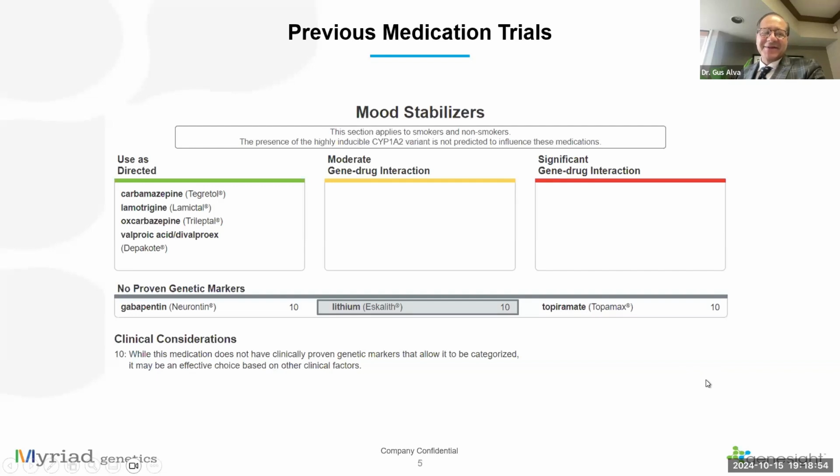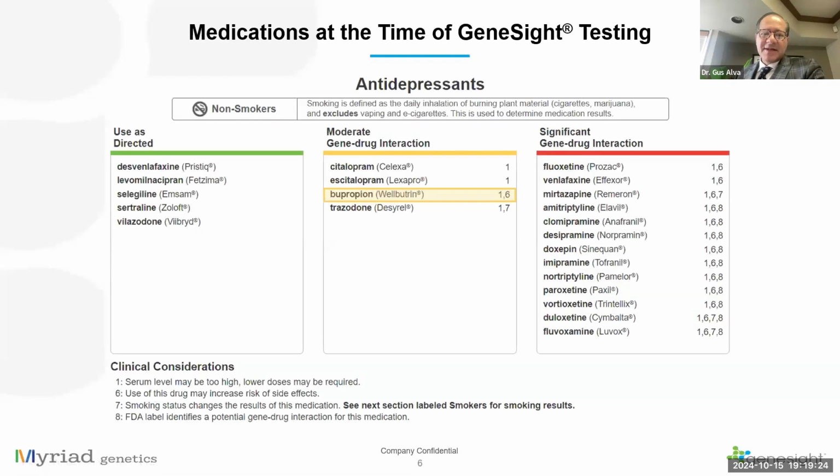You'll note that in the case of lithium, there's no proven genetic markers, right? But in the case of other things that sometimes people will try to utilize to regulate mood, including things that might not necessarily have to be FDA approved, but people do use them, like Lamictal, you've got different things that will help guide the practitioner as to what might be an advantageous move or not. So let's go over to the next one.